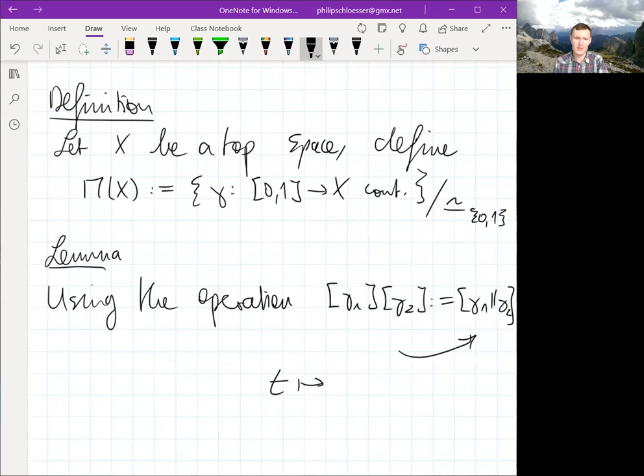And this is a path just defined by saying that, well, it should walk through gamma 1 at twice the speed for t in the interval [0, 1/2]. And then it should go through gamma 2 on the interval [1/2, 1].